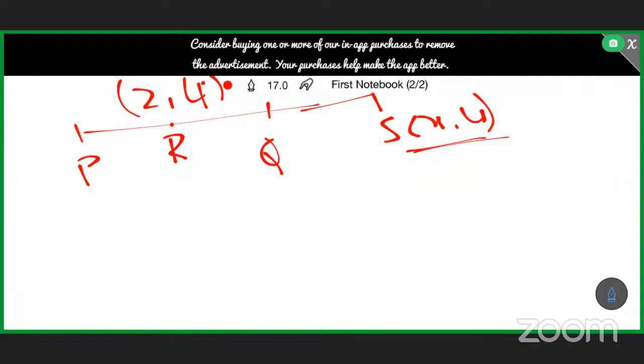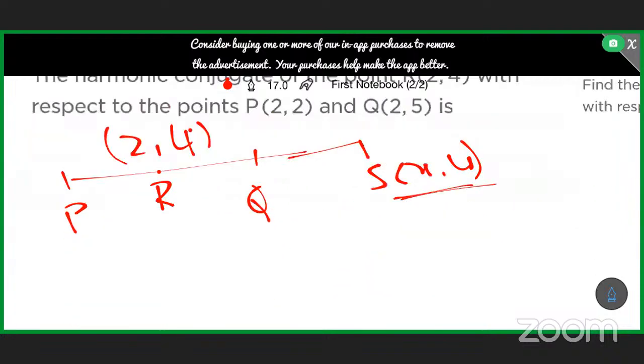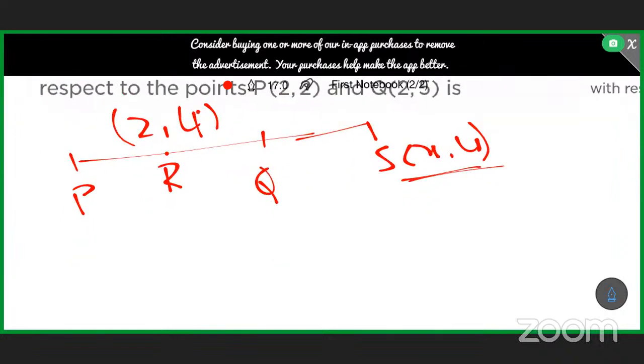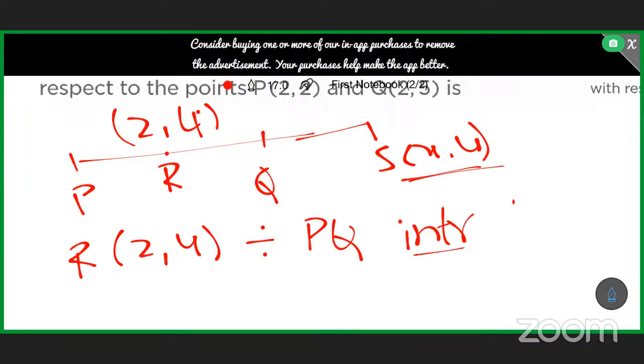So let us consider R (2, 4) as an internal division. Let R (2, 4) divide PQ internally in the ratio k is to 1.